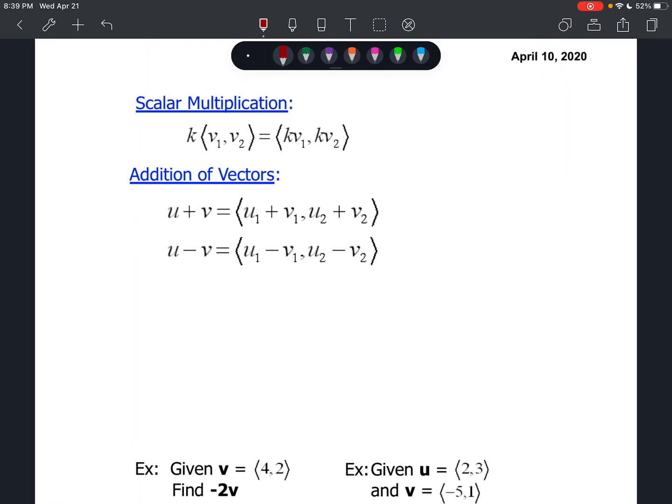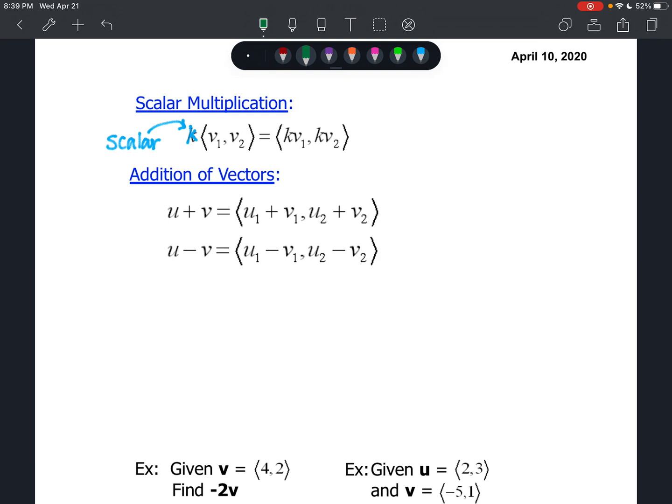Let's talk about scalar multiplication. A scalar is a factor. So if I have this scalar k and I multiply the vector, the component form of a vector, by a scalar, it's not going to just impact one component, it's going to actually impact both components to maintain the direction.